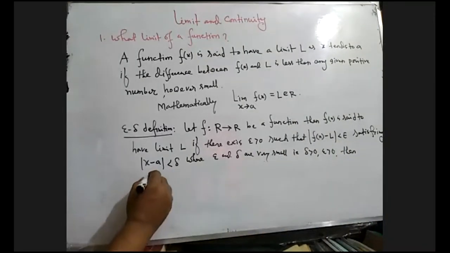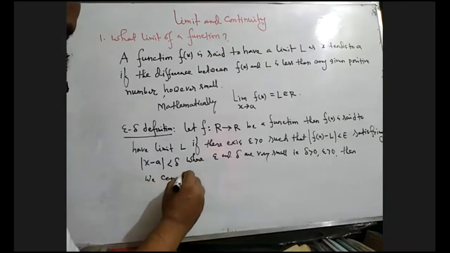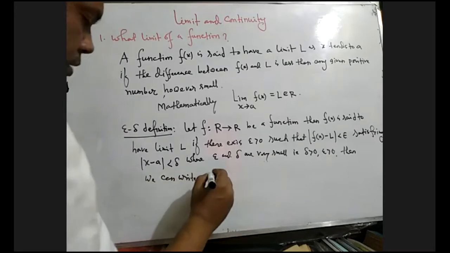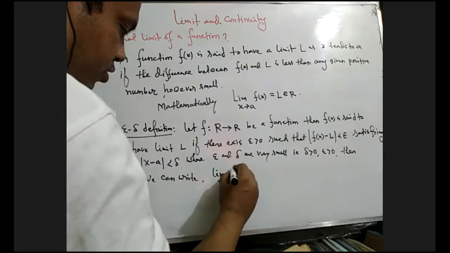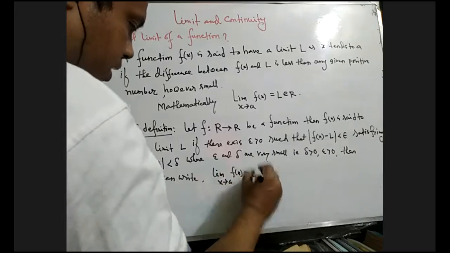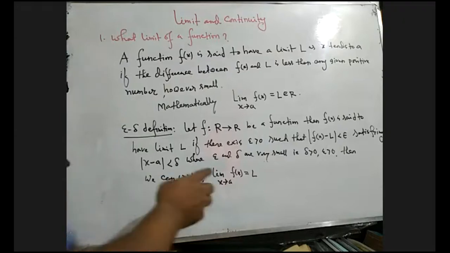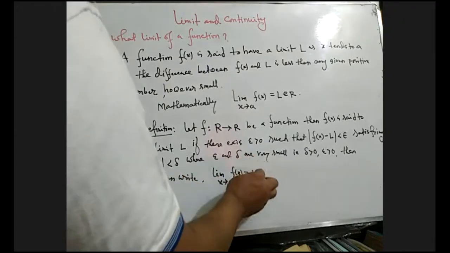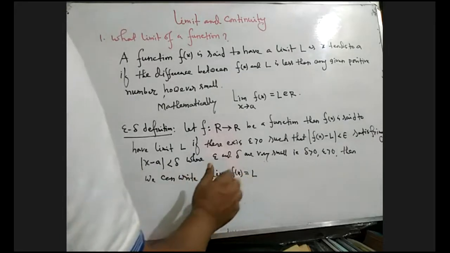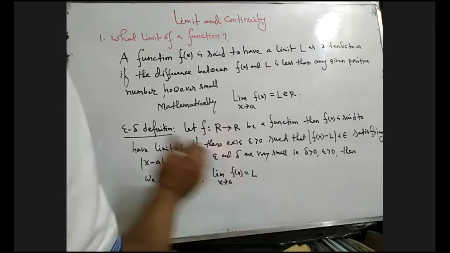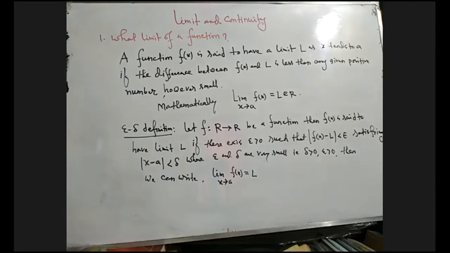Then we can write limit as x tends to a of f of x equals L. That means if x tends to a, then f of x will tend to L. If x is very near to a, then f of x will be very near to L, and L must be a real number.